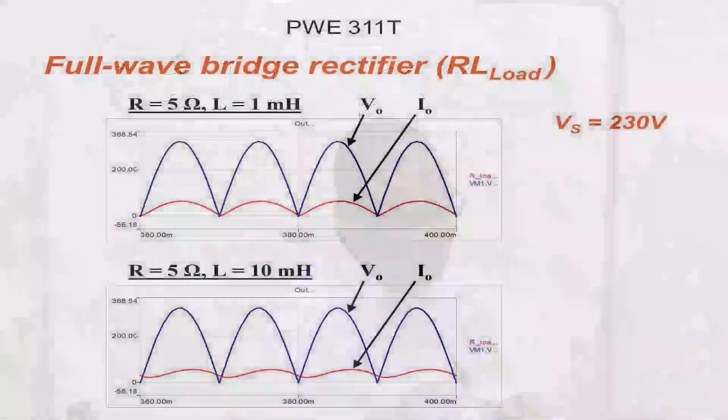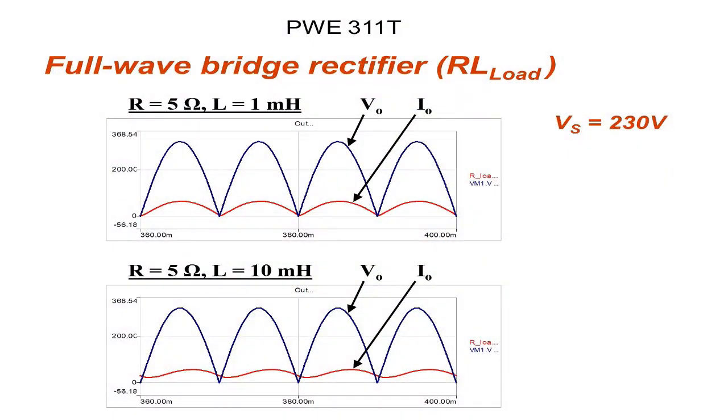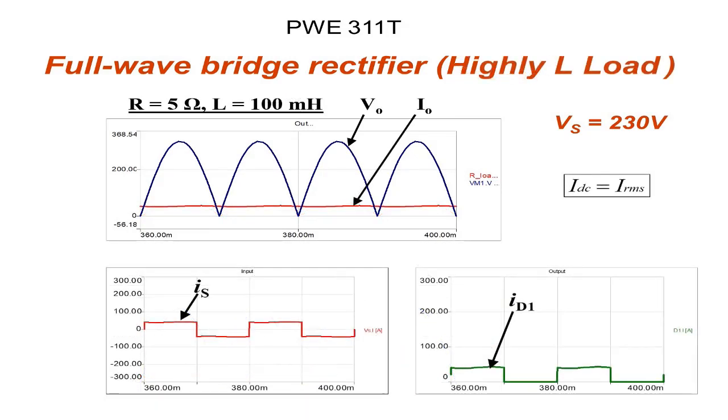If it is inductive, for a highly inductive load, you get the current IDC being equal to IRMS. So the current will look almost flat.